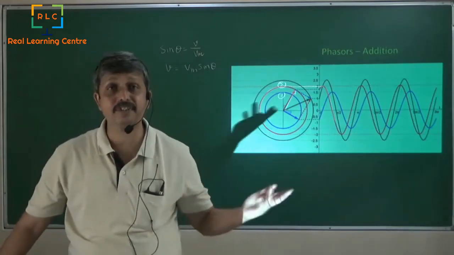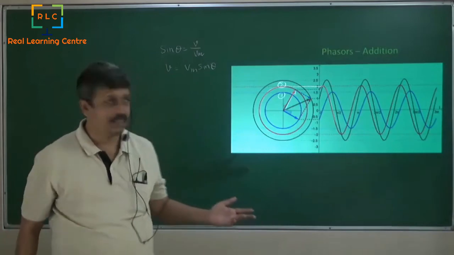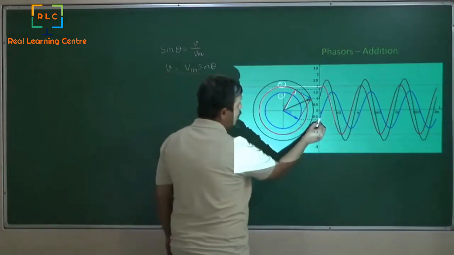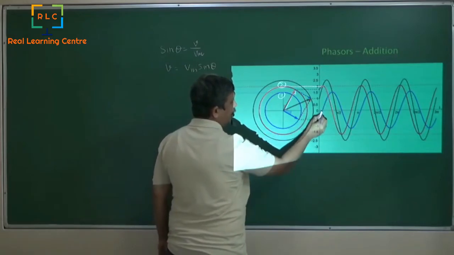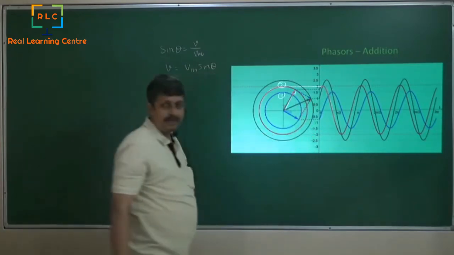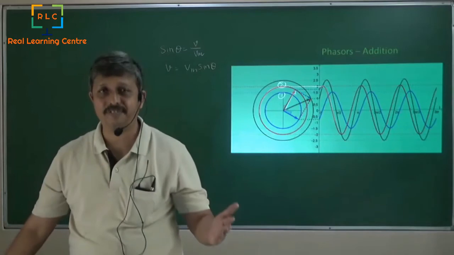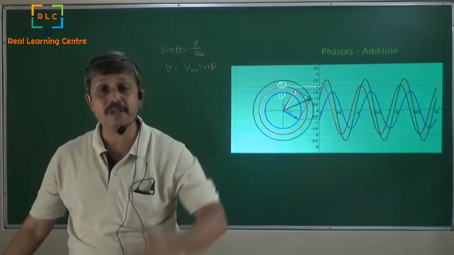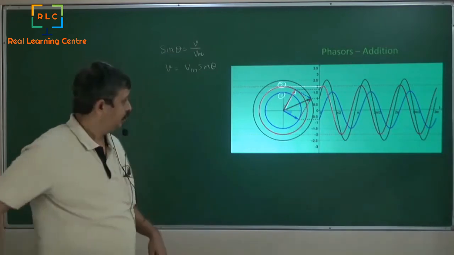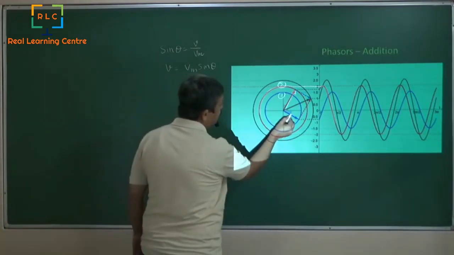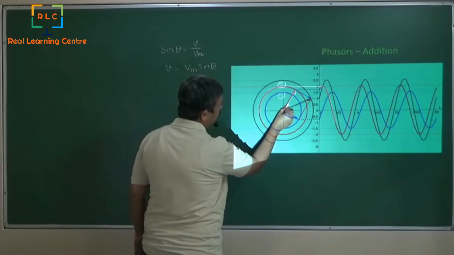They have a phase difference in the sense that they are not reaching the 0 point at the same time, the blue and this, and they are not reaching the peak point at the same time. They are out of phase. How much are they out of phase? They have an angle between them. You can see here, this is the angle.